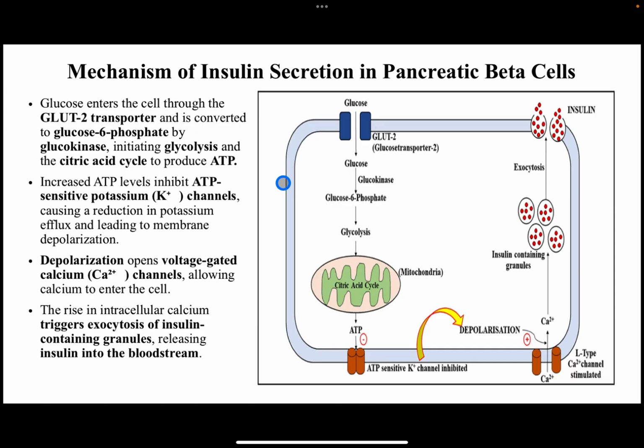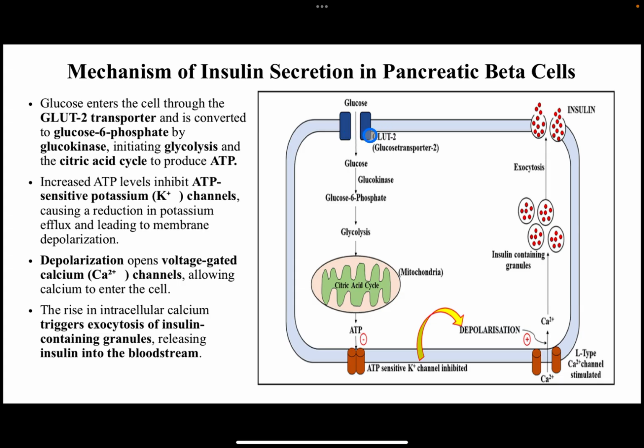After you've taken a meal, blood glucose levels will definitely increase. When your blood glucose level increases, glucose will enter the beta cells through a channel we call the GLUT2 transporter, or glucose transporter 2.